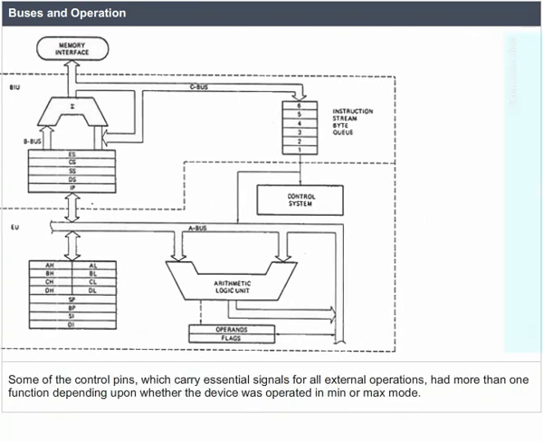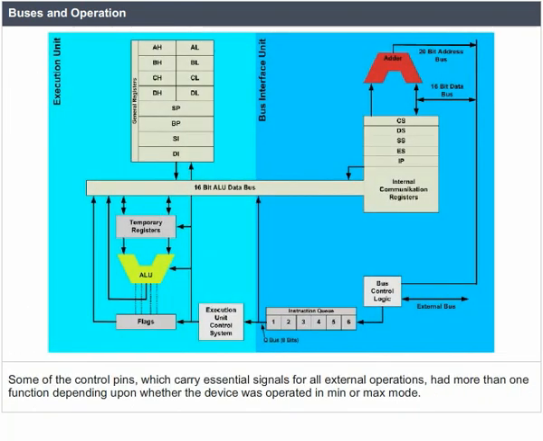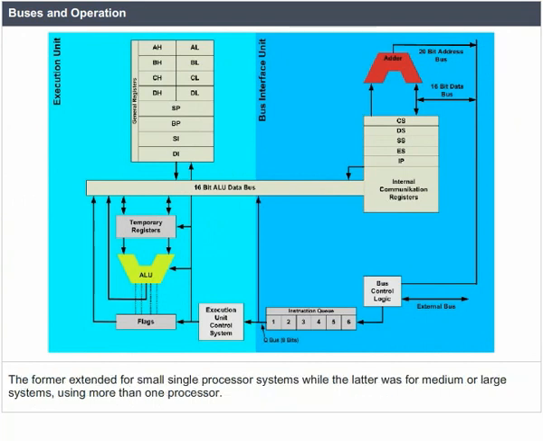Some of the control pins which carry essential signals for all external operations had more than one function, depending upon whether the device was operated in min or max mode. The former was for small single processor systems, while the latter was for medium or large systems using more than one processor.